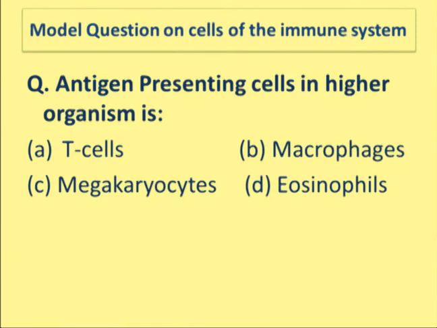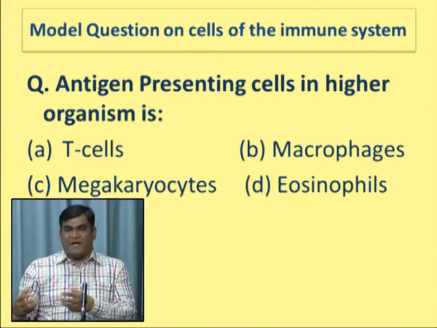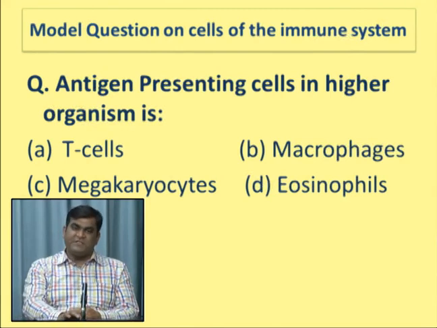B cells can also do this. B cells can produce antibodies and they can also serve as APCs. Similarly, dendritic cells are also antigen presenting cells present in higher organisms. Sometimes they may give two options, macrophages and dendritic cells, and then they will give both. Such kinds of questions can also be there in the exams.